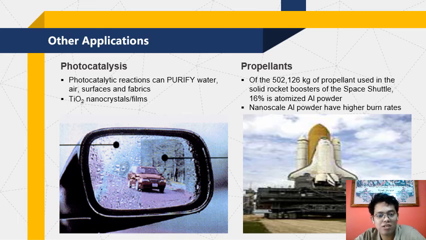Other applications include the utilization of titanium oxide nanocrystal films, which is useful in photocatalytic reactions that can purify water, air, surface, and fabrics, and also utilization of nanoscale aluminum powder, which has higher burn rates, and it's mainly utilized now as a propellant for solid rocket boosters of the space shuttle.